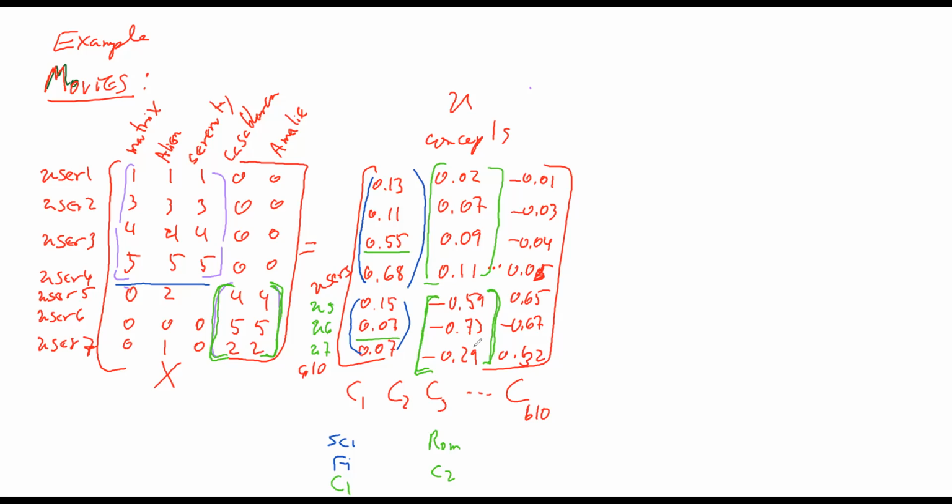But what's important here is that if you think about C2, you have to look at the highest rank. So users, let me change colors. For C2, users 5, 6, and 7 kind of fit in that.